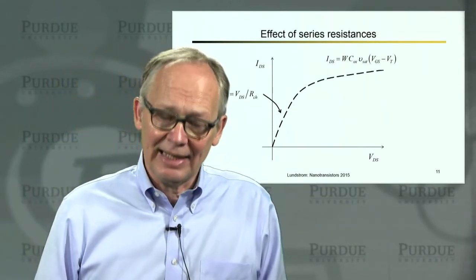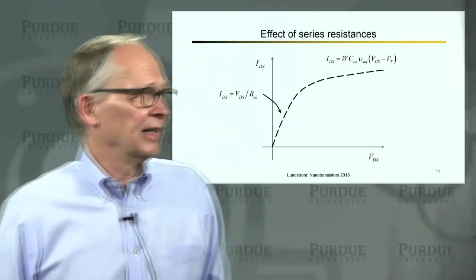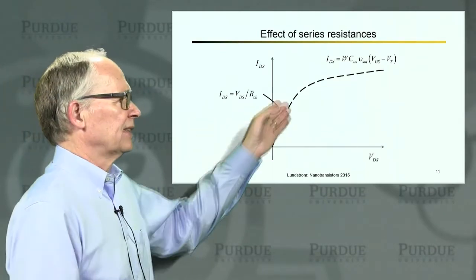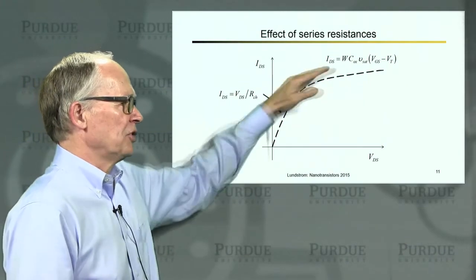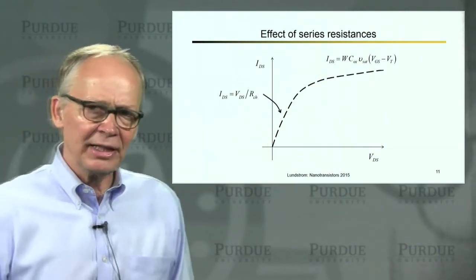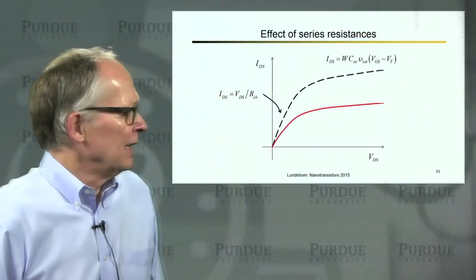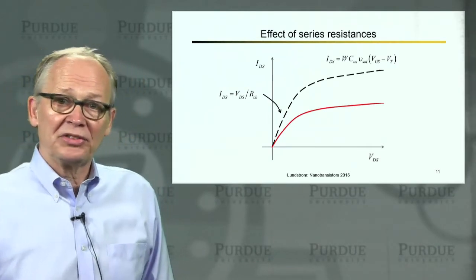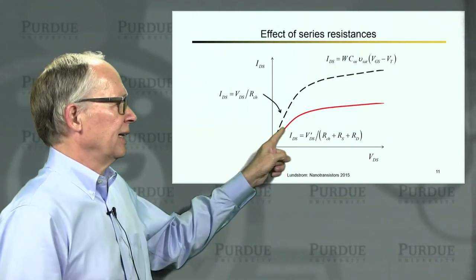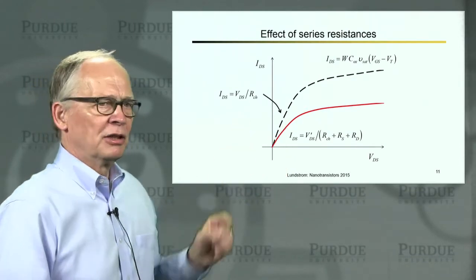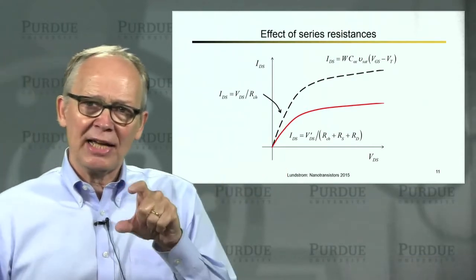To see what effect that has on a transistor, this dashed line here is maybe an IV characteristic of an intrinsic transistor. Here's the linear regime, here's the saturation regime. These are the expressions that we've developed. Okay. Now a real transistor with series resistance will look like this. Part of the reason it looks like this is in the low voltage or linear regime, now we have a channel resistance.